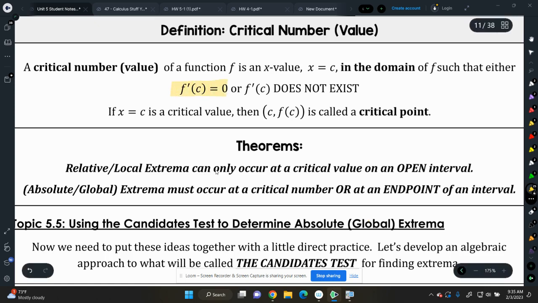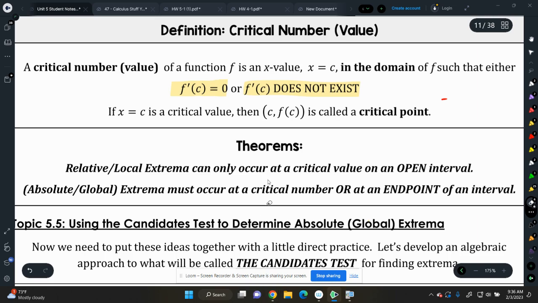F prime of c is either equal to 0 or it does not exist. So, for instance, if I had f of x equals 1 over x minus 2, my critical number would be x equals 2 because it does not exist at that point. Okay? So critical numbers are where it either equals 0 or where it does not exist.